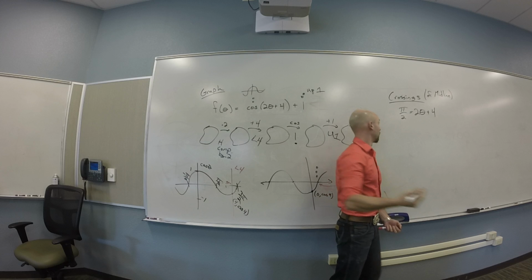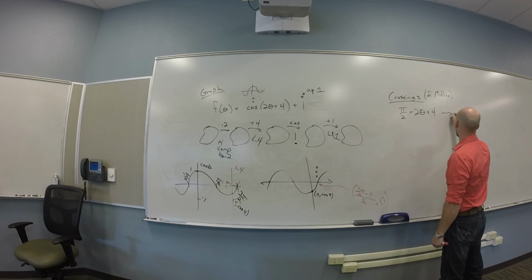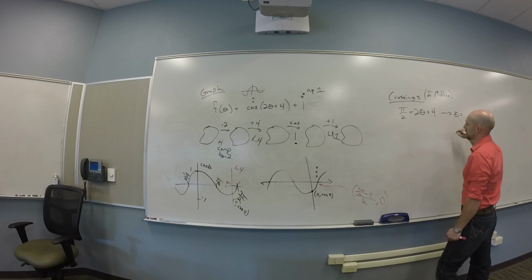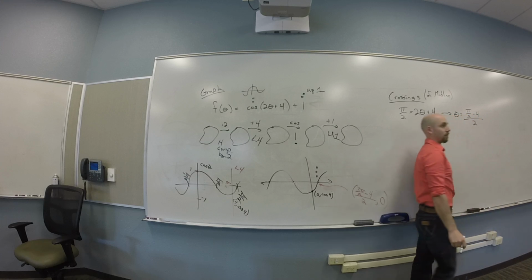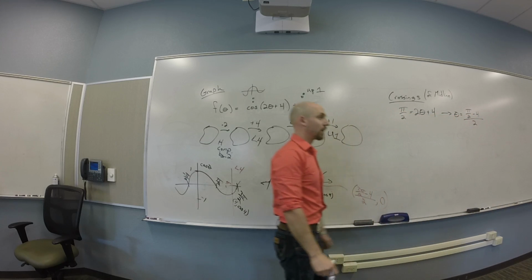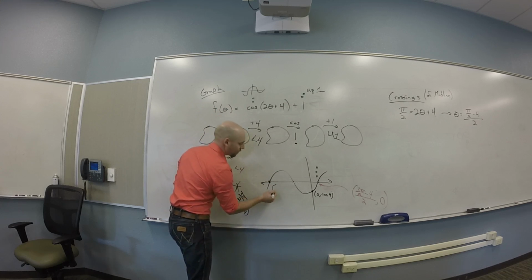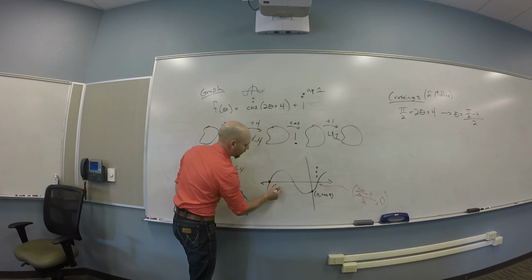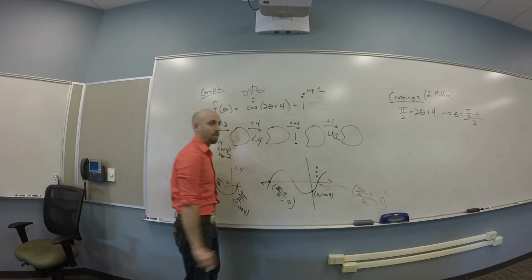Yeah, right? You subtract 4 and divide by 2, so you get theta is pi over 2 minus 4 over 2. Okay, see that? That's going to give me this coordinate right here. That's pi over 2 minus 4 over 2, comma, 0.